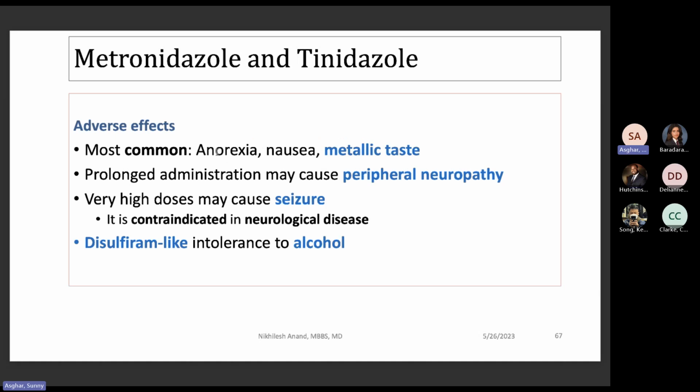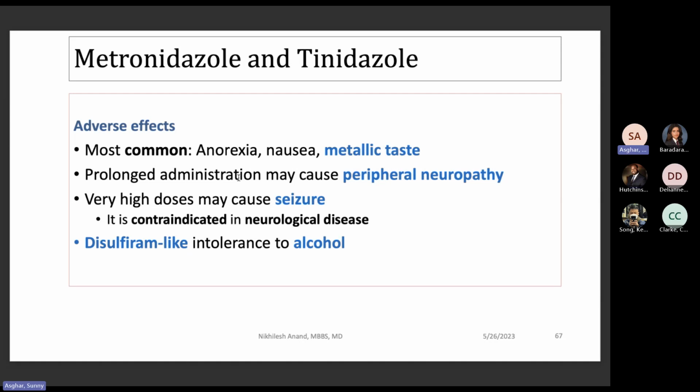And here is the most important part when you're looking at pharm, the adverse effects. Hold on, let me get my pointer out. I don't think I have a pointer, but you can see my mouse. Over here we have the adverse effects. The most common one that really stands out is a metallic taste.